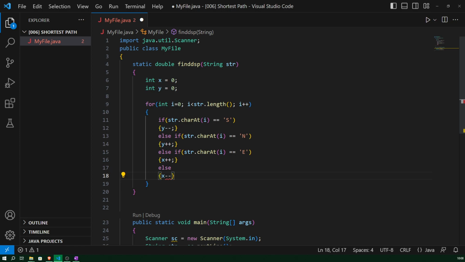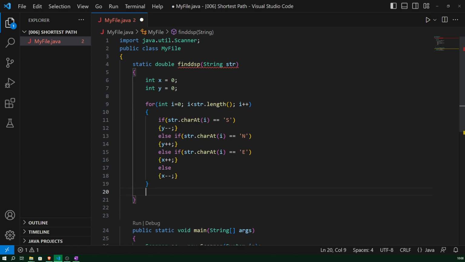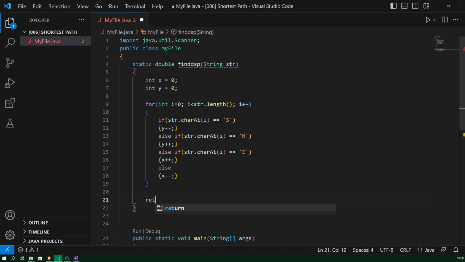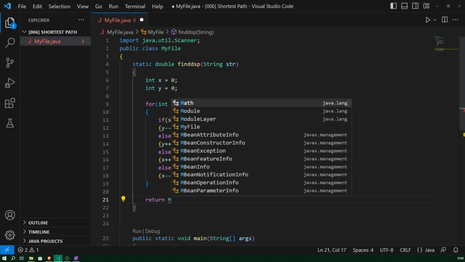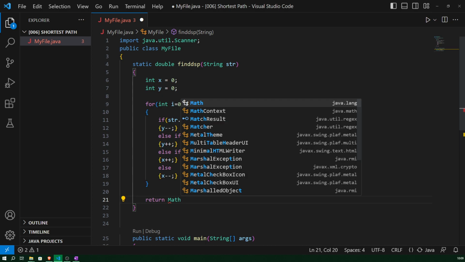So I hope this is clear. And at the end, now we have the final coordinates for x and y. Now at the end we will do what? Return. Now this is something which I think we have used in our previous videos, but let's suppose you have forgotten, so let me revise this for you.